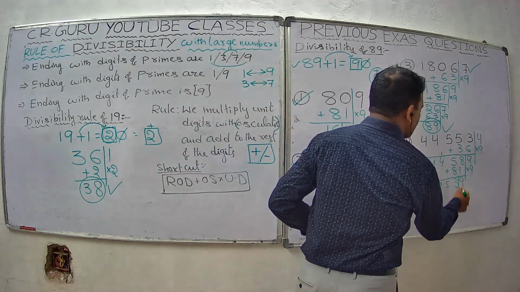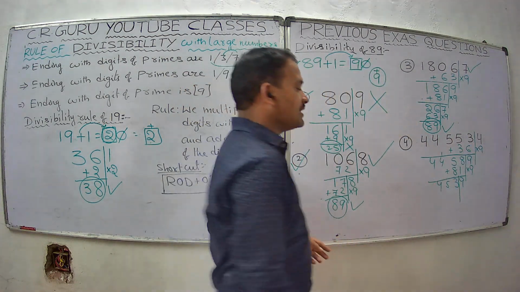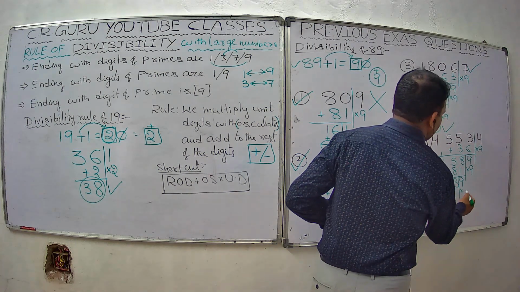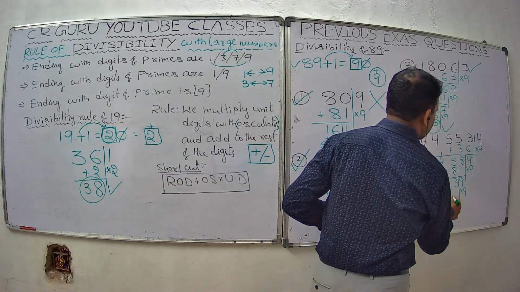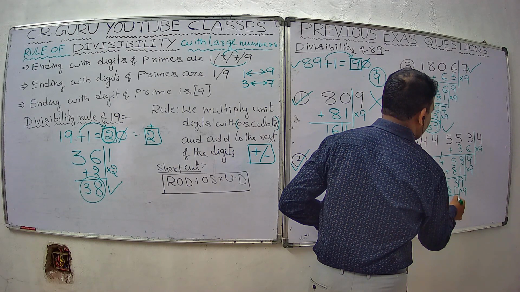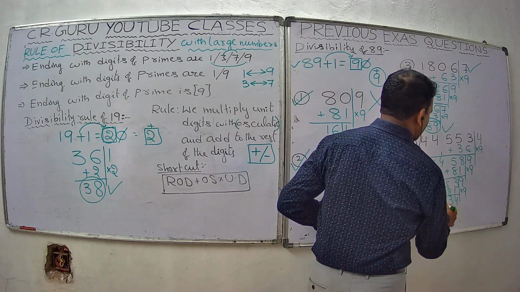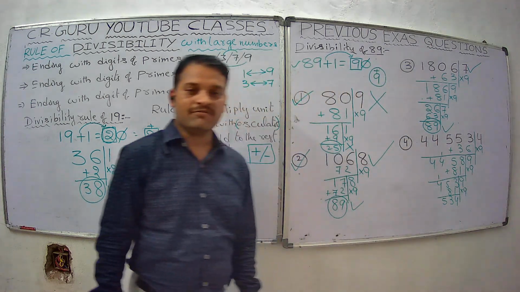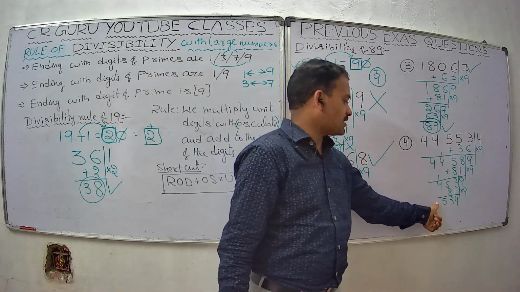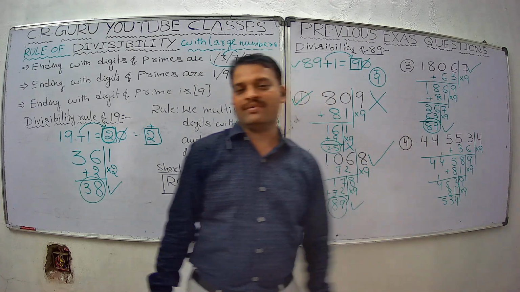Okay, again you segregate the unit digit. It is multiplied with the oscillator. 9 nines are 81. So 3 plus 1 is 4. 5 plus 8 is 13. So 4 plus 1 is 5. 534. So then it reduces to a 3-digit number.